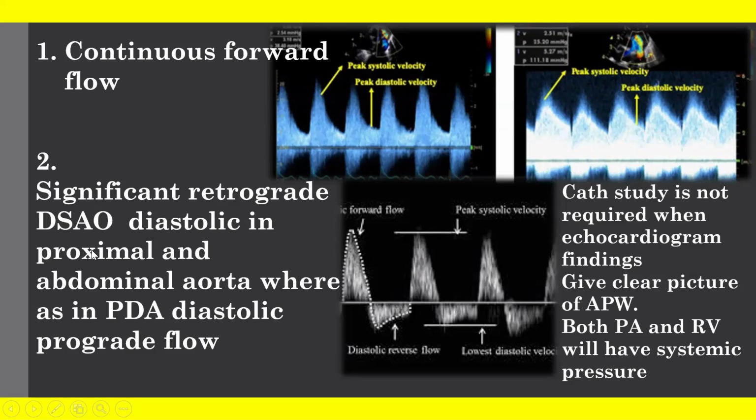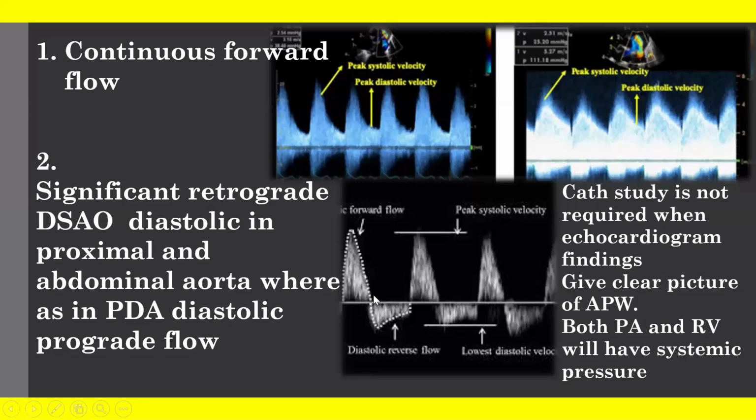Significant retrograde flow in the descending AO during diastole, in the proximal and abdominal aorta: if you see a descending AO retrograde flow, that indicates there is no PH. Once the PH develops, the retrograde flow will disappear.